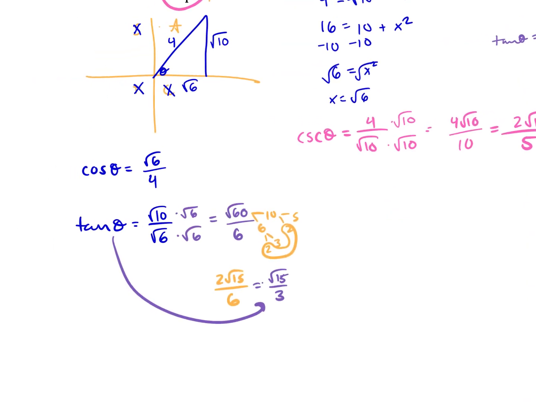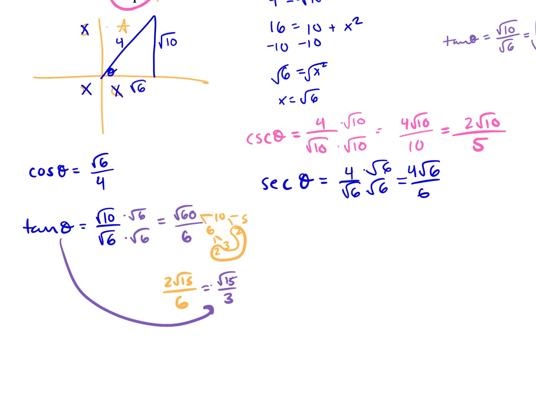All right, let's find secant. So secant, I'm going to flip the cosine. So that would be 4 over square root 6, which we would have to rationalize. So 4 square root 6 over 6, which simplifies to 2 square root 6 over 3.